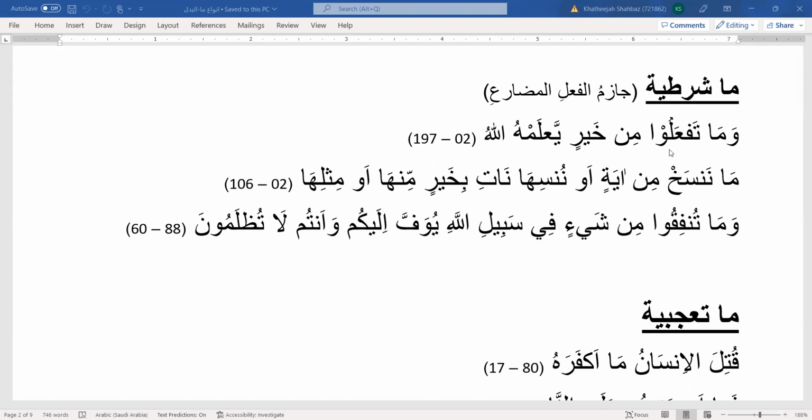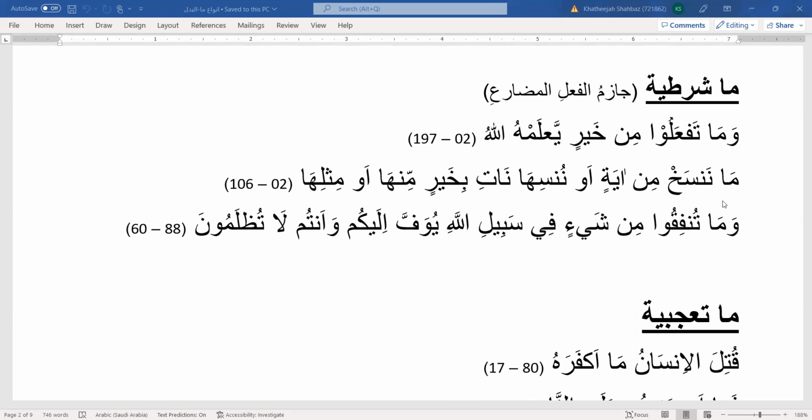So the fi'l mudari in shart is majzoom and the fi'l mudari in jawabu shart is also majzoom. And this is how you can recognize this ma. And it is happening because this is a jumla shartiyya and ma is used in it.